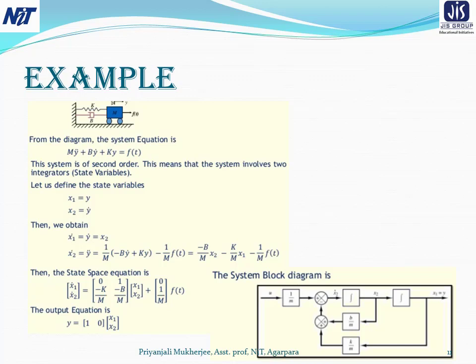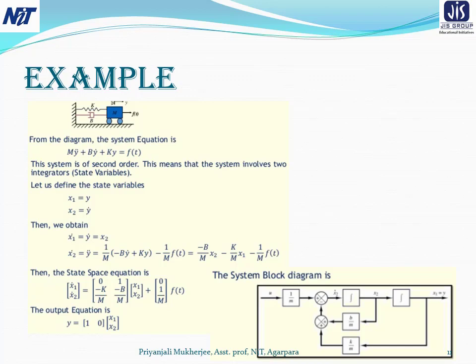So f(t) is the input, and the term x1 dot can be written as 0 into x1 plus 1 into x2 plus 0 into f(t). So it becomes x1 dot equal to x2. Similarly, for x2 dot, we will rewrite the coefficients of x1 and x2 in their places.